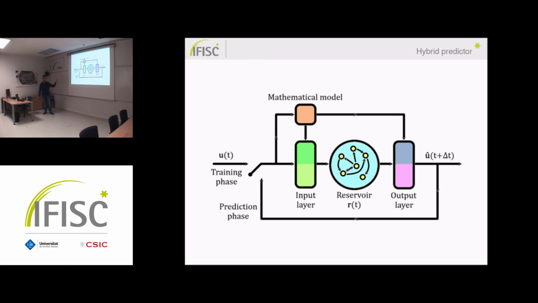In this case, we use a mismatch in one of the parameters. This mathematical model takes the input variables and produces an initial guess of the prediction, which is mapped to the reservoir with the input variables, and it's also projected with the reservoir states to produce the prediction.